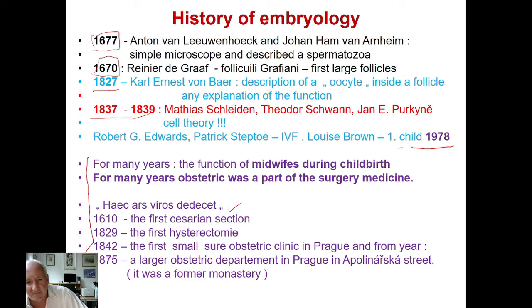And then a larger obstetric department was built in Apolinářská Street from the year 1875. It became a very nice, separate subject of obstetric medicine. So, a little bit of history so that you will be more clever.